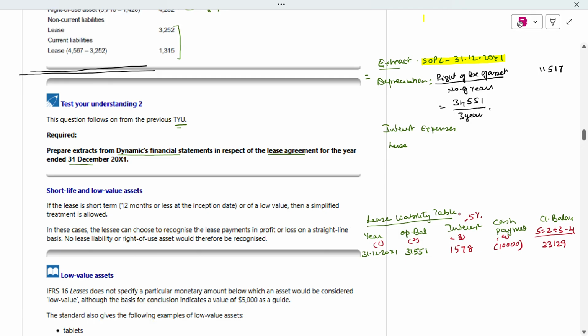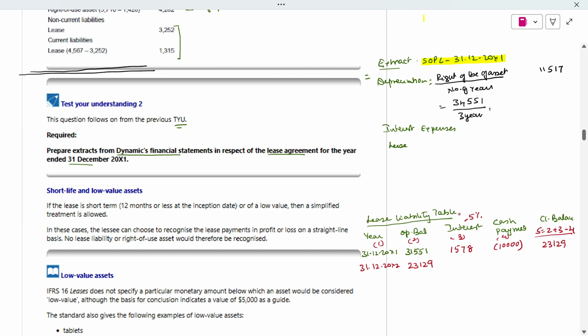Okay. Now they are asking for 1 year, but if we do it for 2 years, then we know what the current liability and non-current liability are. Otherwise, we will not get it. How much is the opening balance? 23,129.